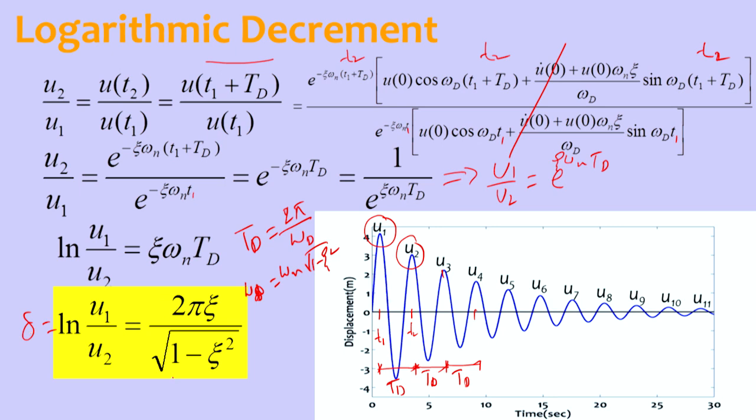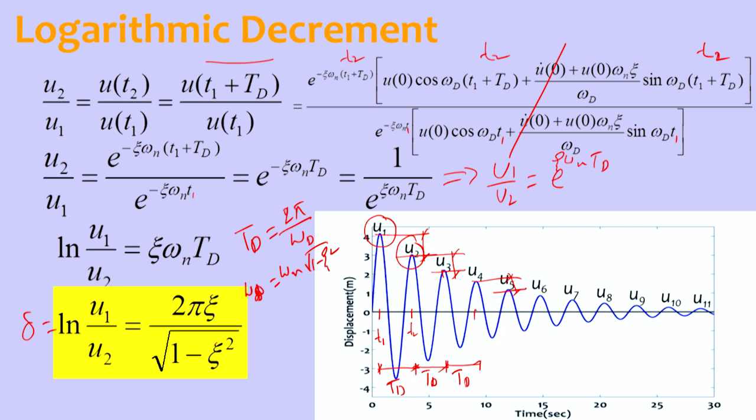So one thing we need to observe in this is that this term is independent of time. It is only dependent on the damping value. So that means the ratio of any two successive peaks is a fixed quantity.